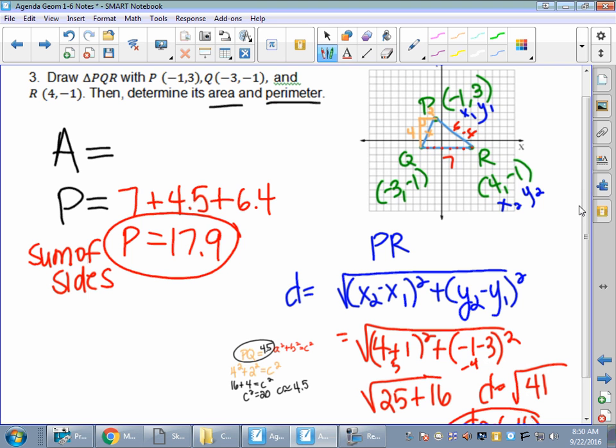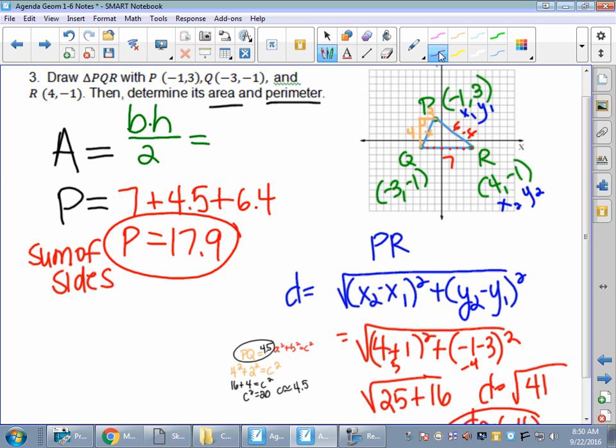Area, I've got myself a triangle, right? So the formula for the area of a triangle, look back if you need to, is base times height divided by 2. Well, the base is typically the bottom. You could turn your paper around and make a new bottom, but the height is how far it is perpendicular from the base to the highest point.